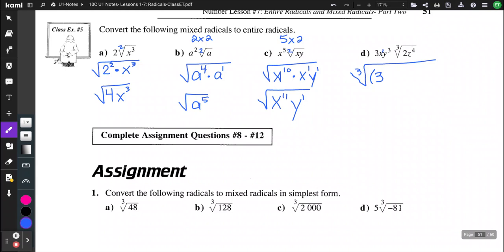That's why they have to go in brackets. So 3 cubed, x. Now 1 times 3 is going to give us our x number. And then we've got 3 times 3 to give me my y number. So I should get y9.